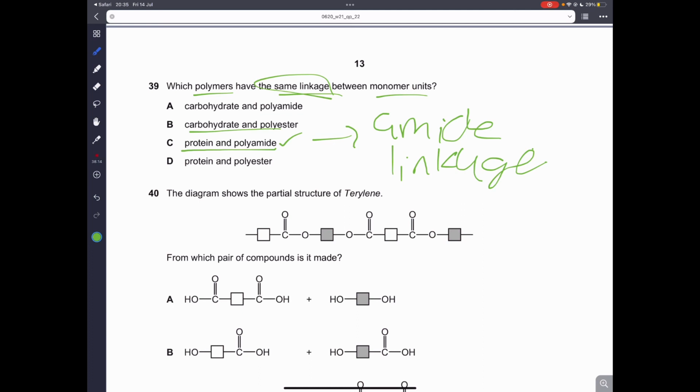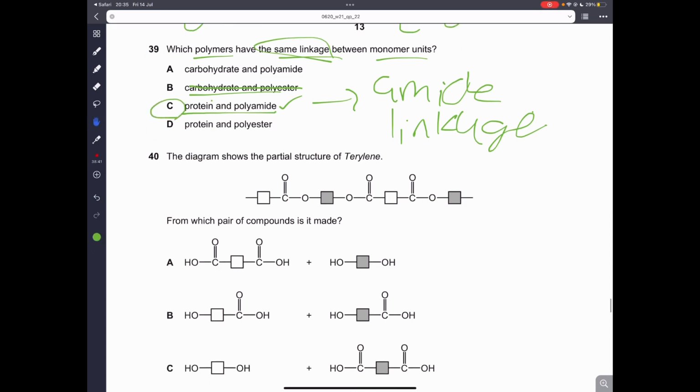But carbohydrates can also have a different linkage. They don't necessarily have the same linkage all the time. I'm sorry, esters and carbohydrates do not have the same linkage. Carbohydrates have an ether linkage, while the polyester has an ester linkage. Sorry, I got confused there. And so the only answer here would be C.